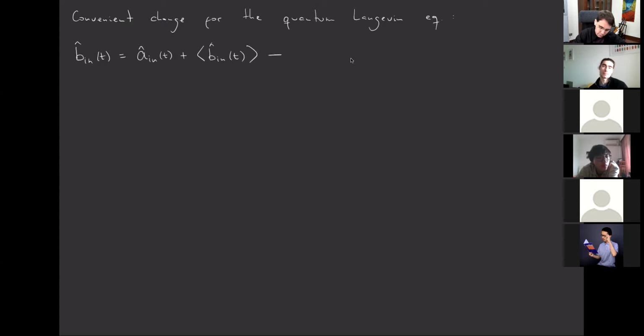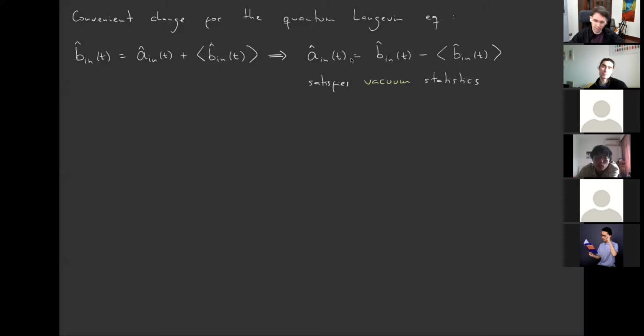So if you want, we are defining a new operator A in that is just B in minus the expectation value of B in. So you will see that this makes us find something very interesting, starting by the fact that this operator satisfies vacuum statistics.